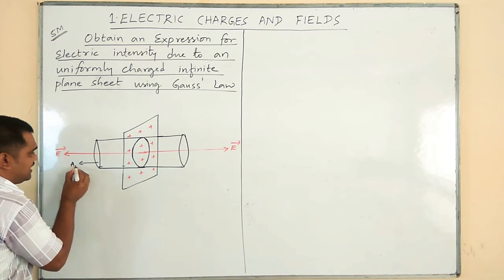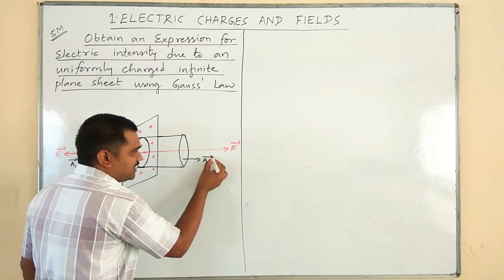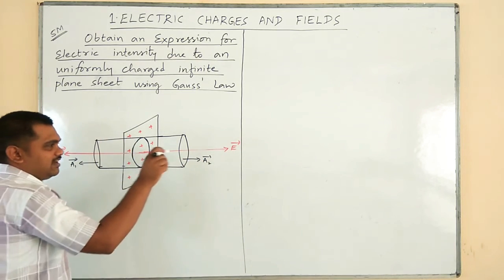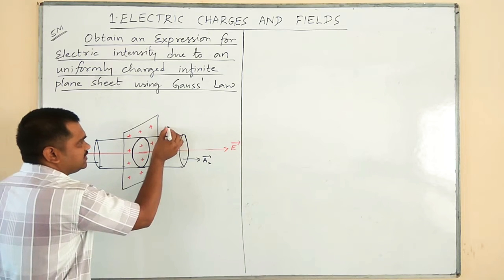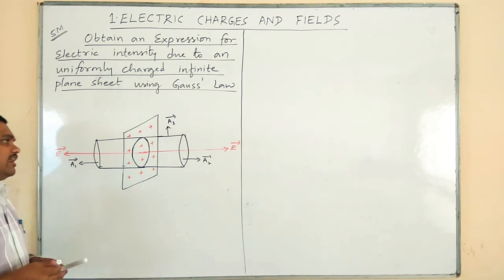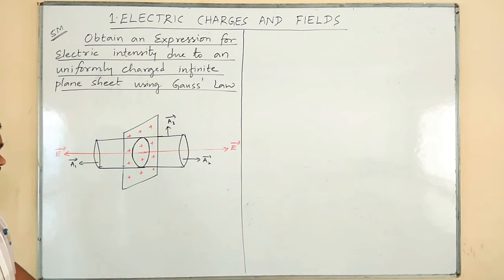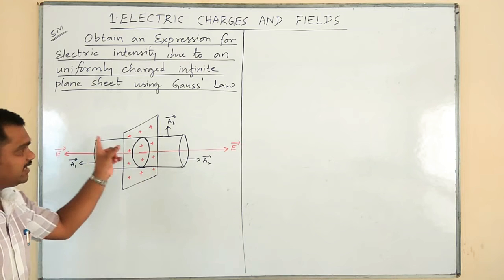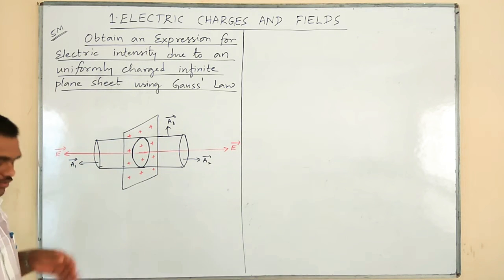I will take this area vector like this, A1 vector. The area vector here is A2 vector, because you know well that they are always perpendicular to the surface. Similarly, this is A3 vector. Anyhow, we have followed the first rule of Gauss, that is, we have imagined one closed Gaussian surface symmetrical to the charge distribution.